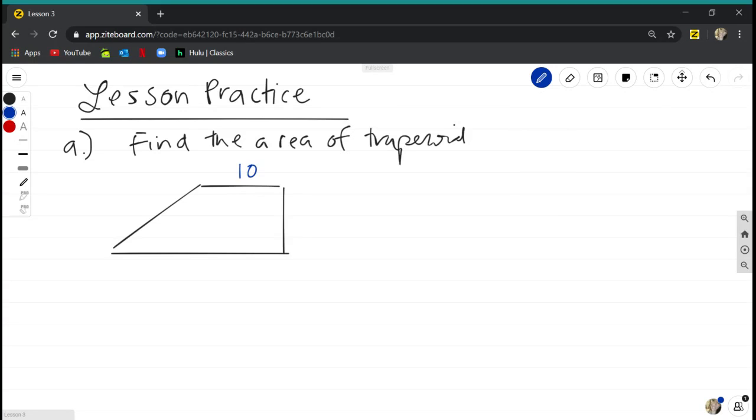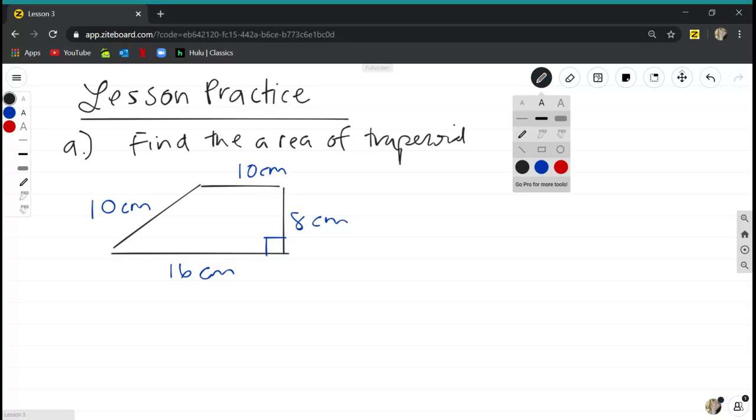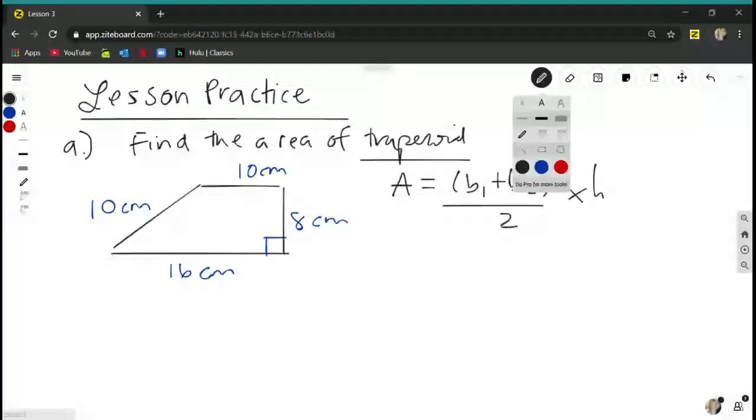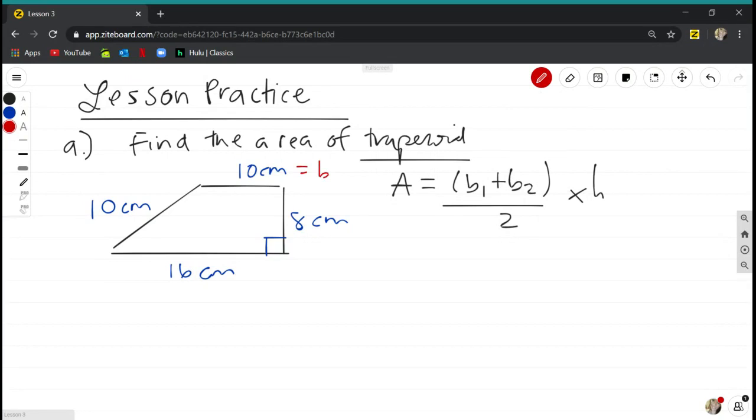One of them says 10 centimeters, 10 centimeters, 16 centimeters, and 8 centimeters. So it's giving us more information than we actually need. Since it's a trapezoid, we know that the area is base 1 plus base 2 over 2 times the height. So this is our base 1, this is our base 2.